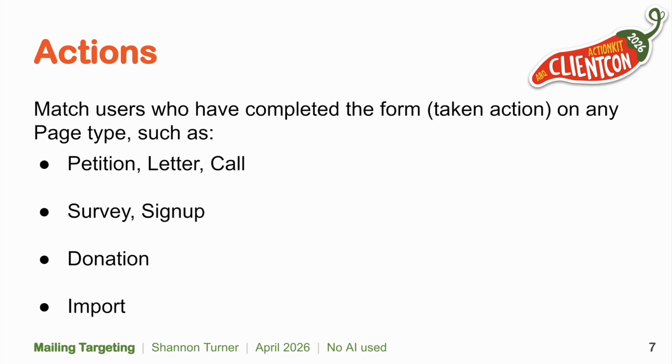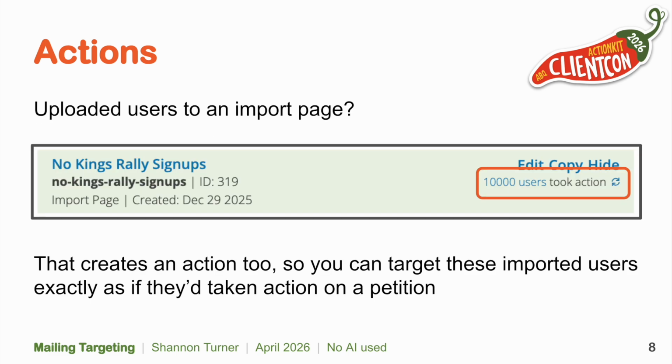These will match users who have filled out a form on a page. So you can think of this as taking action on any ActionKit page. Typically that's a petition page or a survey or a sign-up page, maybe a donation page, and importantly, import pages.